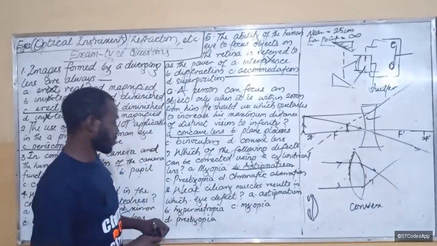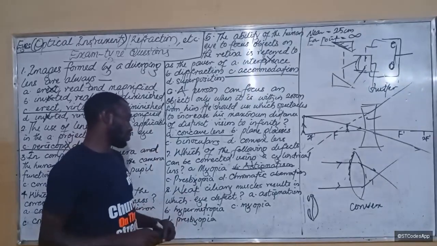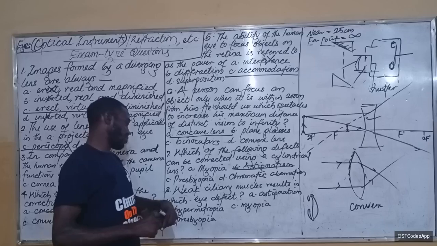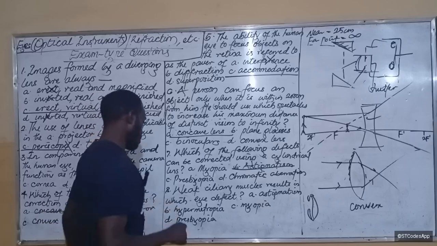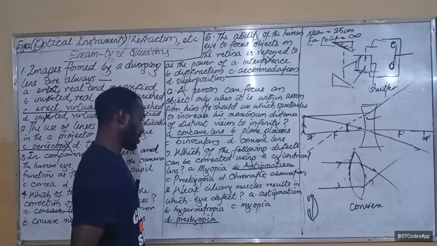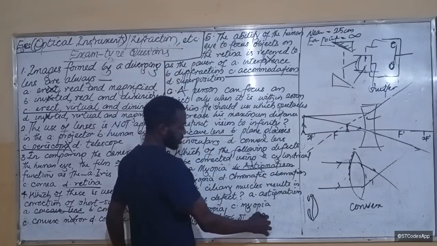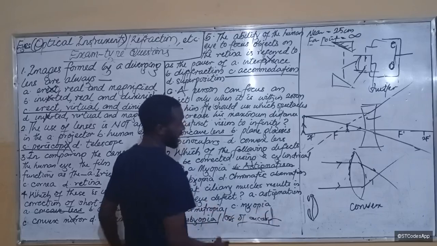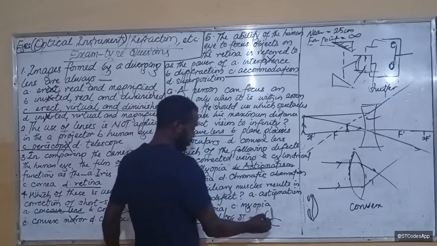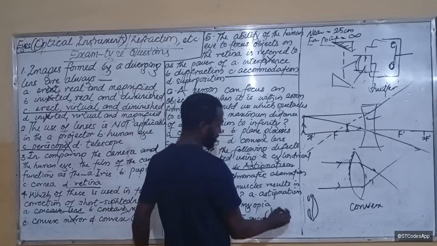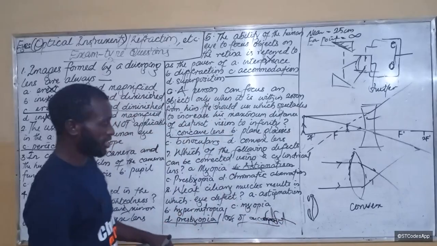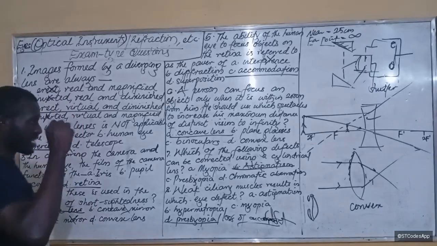That's what we call persistence of vision. Now, weak ciliary muscle results in which eye defect? That's presbyopia, also called loss of accommodation. It is the loss of the ability of the eye's lens to focus images because of weak ciliary muscles.